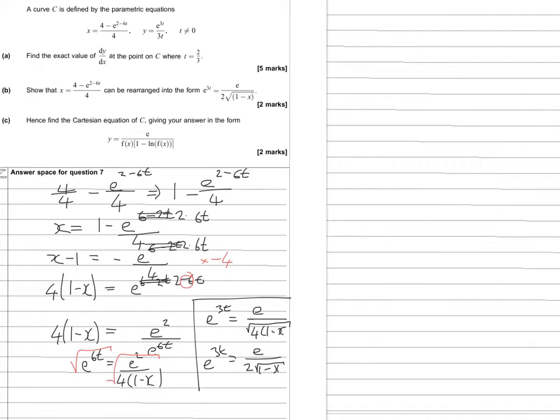Okay, so I guess e to the 3t, so y equals e to the 3t over 3t. 3t is going to be equal to ln e to the 3t.